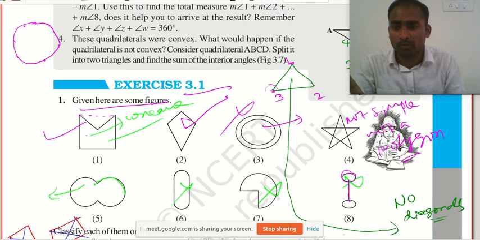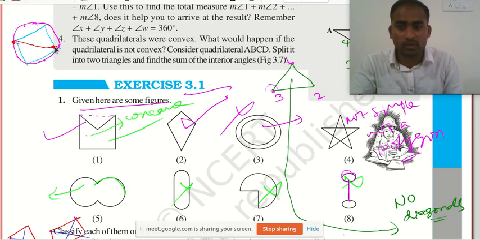Now what will I do? I will make a square on the circle. Now I can join these two vertices, because these two are non-consecutive.